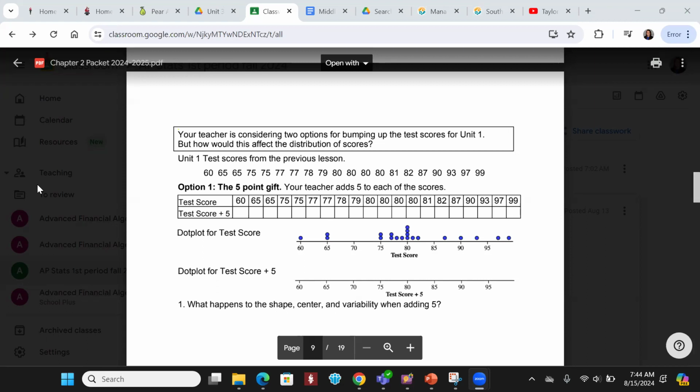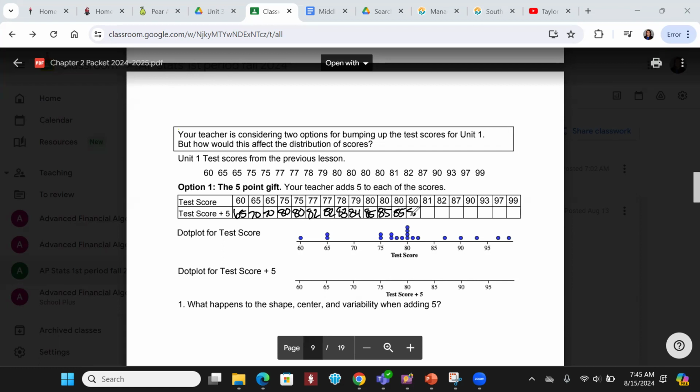So for instance, 60 plus 5 gives me, dang, y'all are good. All right, 65 plus 5, 75 plus 5, 80. 77 plus 5, 82. 78 plus 5, 83. 79 plus 5, 84. 80 plus 5.